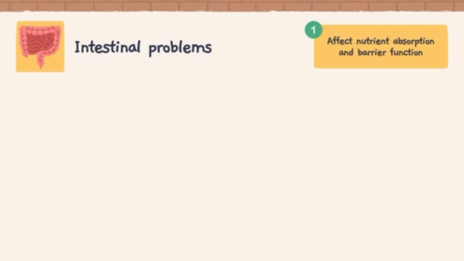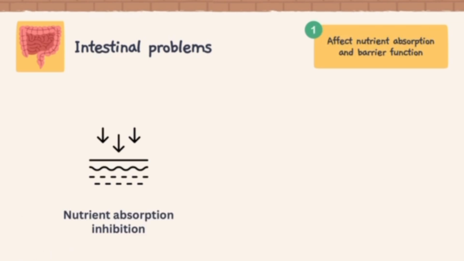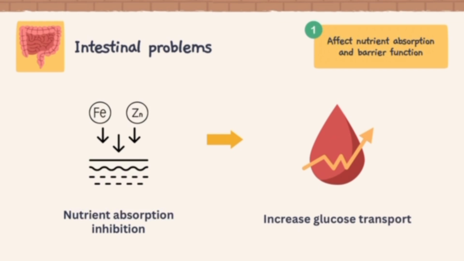Next, exposure to silicon nanoparticles at physiologically relevant doses significantly affected iron, zinc, glucose, and lipid nutrient absorption and barrier function in an in vitro cell culture model of the intestinal epithelium. Significant barrier function of the in vitro intestinal epithelium was lost following chronic medium and high-dose silicon dioxide exposure, and this resulted in an increase in glucose transport.